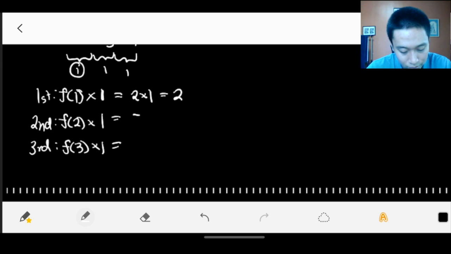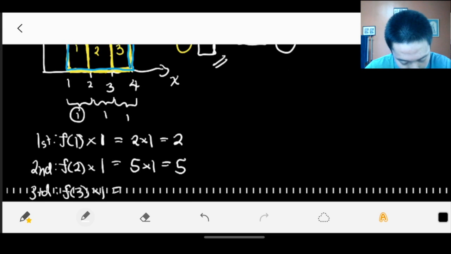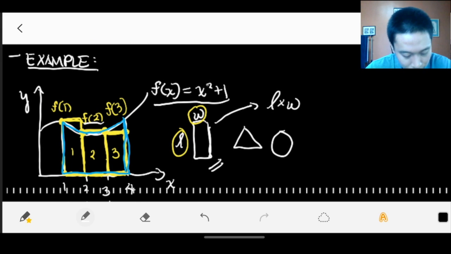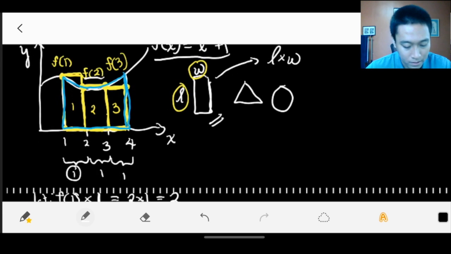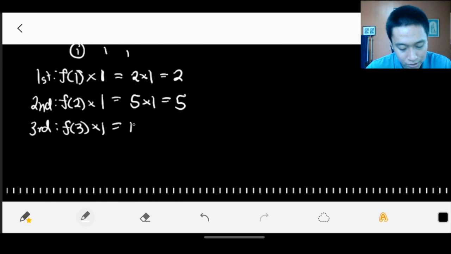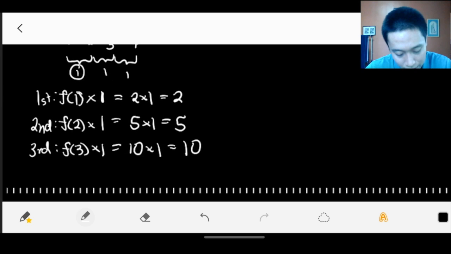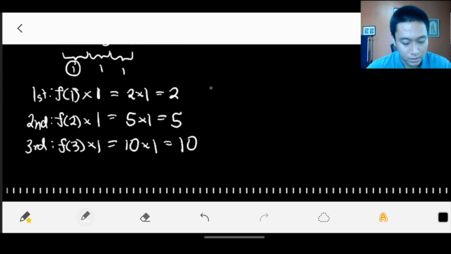That's 4 plus 1, that's 5, times 1, which is equal to 5. And for the third one, f of 3, substitute 3 into this function. That's 9 plus 1, which is 10. So you get 10 times 1, so 10 is your area for the third rectangle.